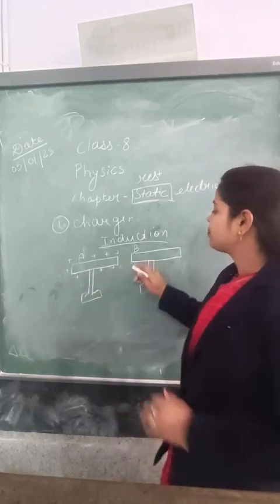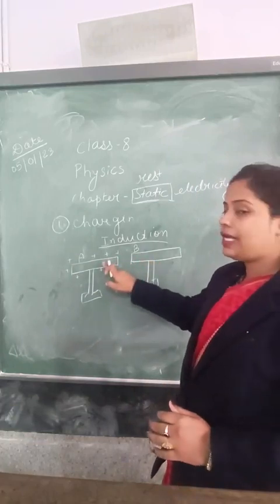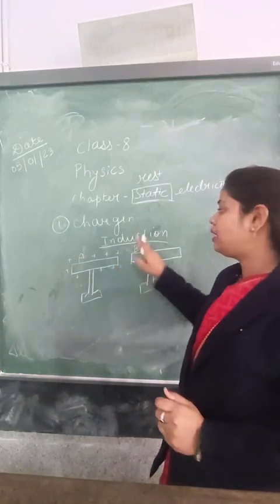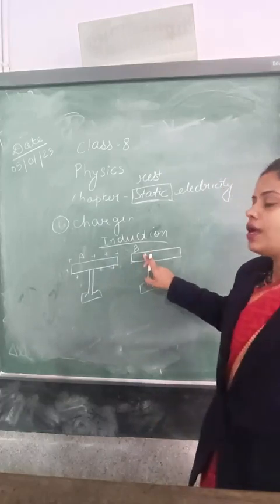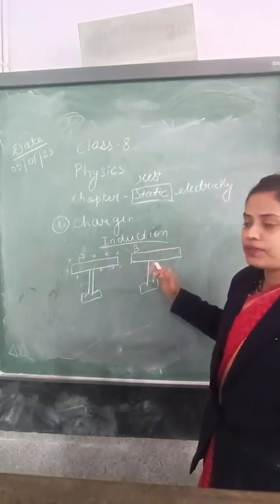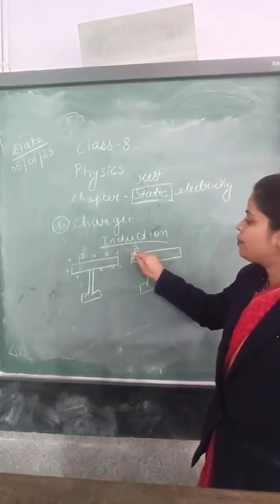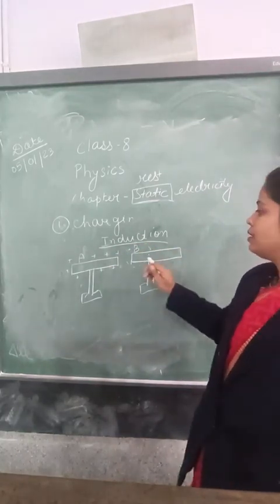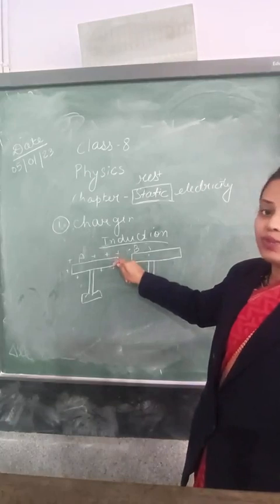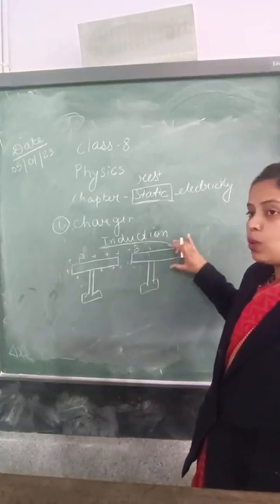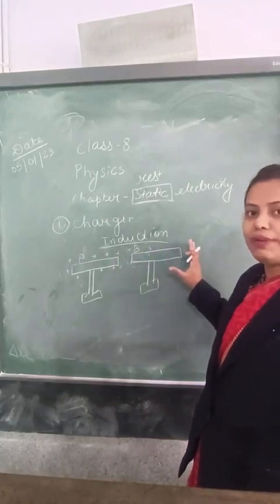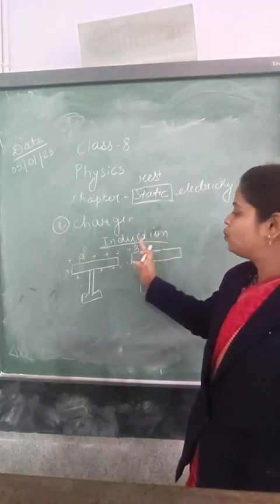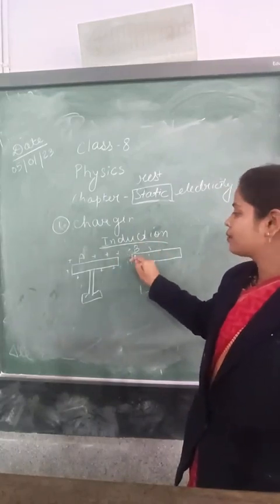When this positively charged rod A is brought near rod B, due to the presence of this positive charge, the electrons from the entire rod B will be attracted to the first end.